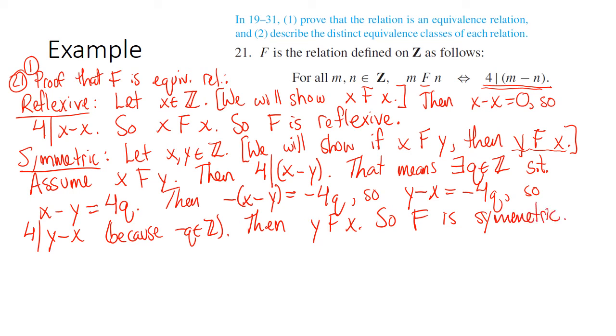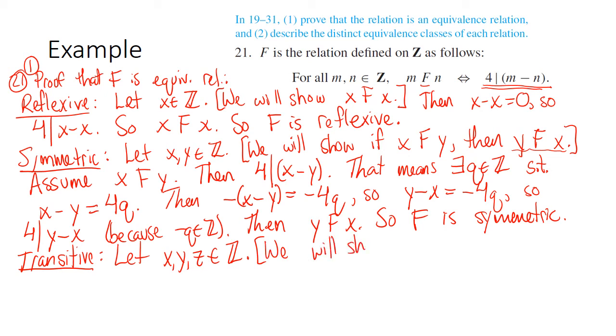Okay, so that's the symmetric part, and then finally we need transitive. This one is a little bit tricky, but not very tricky. Okay, so we're going to let x, y, and z be elements of the integers, and what we need to show is the following.